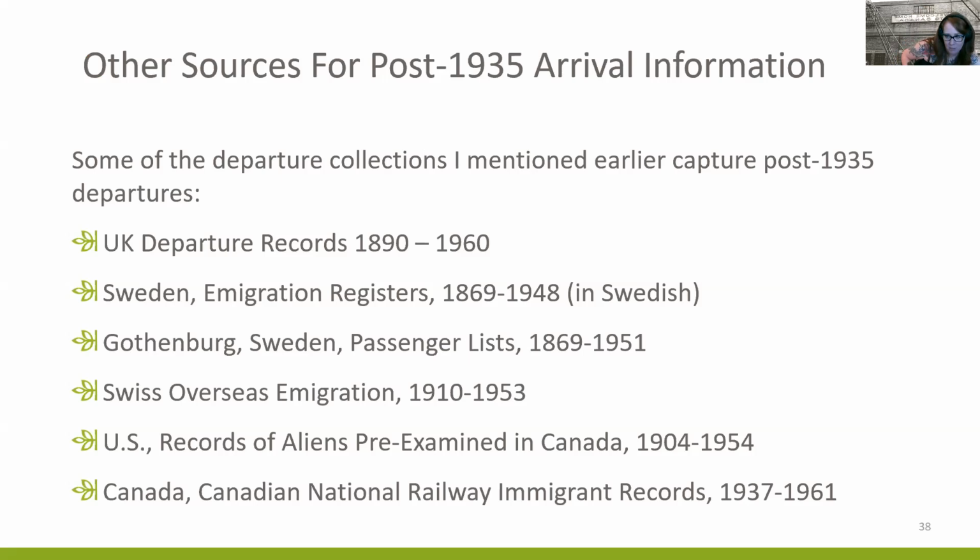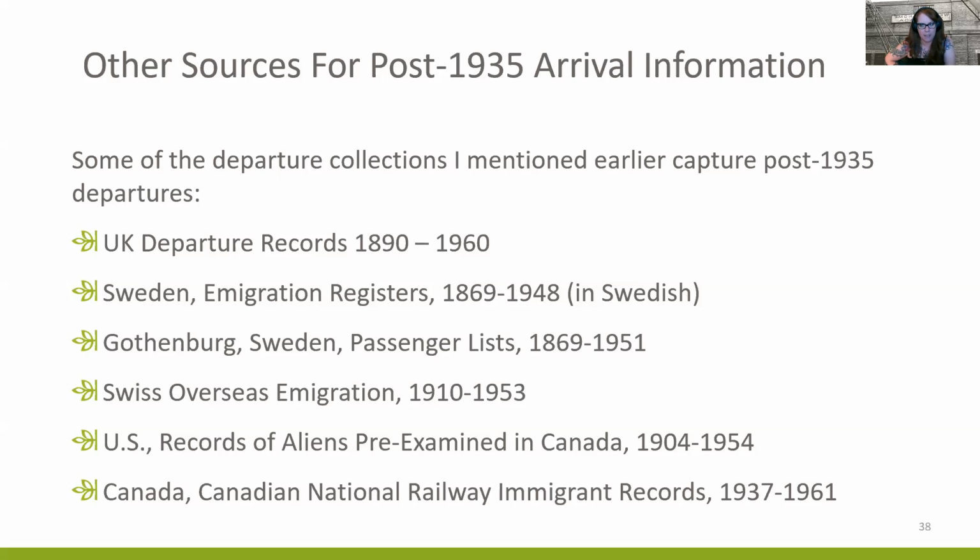And I like this collection. It's most often useful for people whose family arrived right around that 1935 period. Because that's our cutoff, right? So they're like, oh, we think they came before 1935, but I'm not finding anything in the main database.